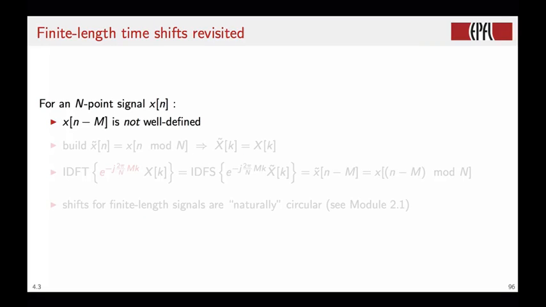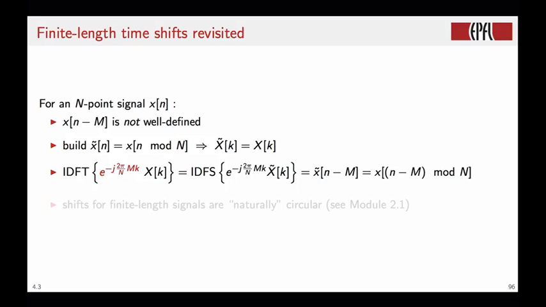We saw that in this case a shift is not a well-defined operation, and we need to embed the signal into an infinite length signal either by building a finite support or a periodic signal. Now we can always build x tilde of n as x of n modulo big N. Now mathematically the DFS of this periodic signal is equal to the DFT of the original signal.